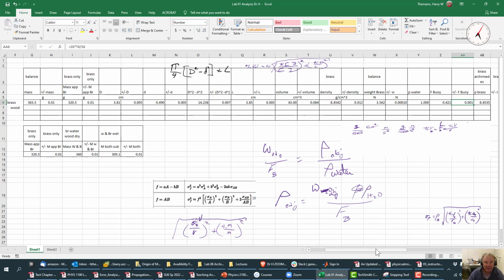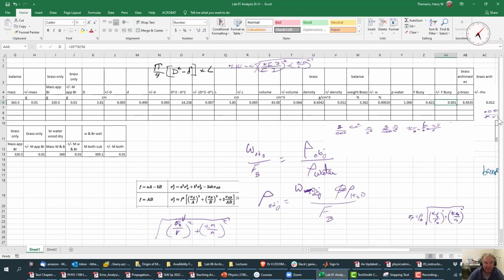Oh, gosh. And now we have to be a little careful, because now we have to do a different error propagation. Remember, it's down here. So the plus minus of F buoy is going to be, and it's subtraction, so this A is equal to the actual mass minus M apparent.